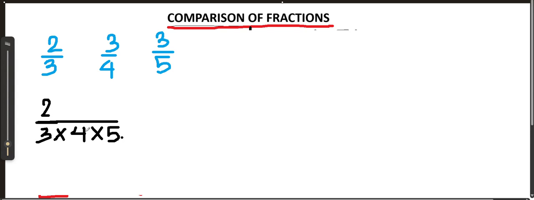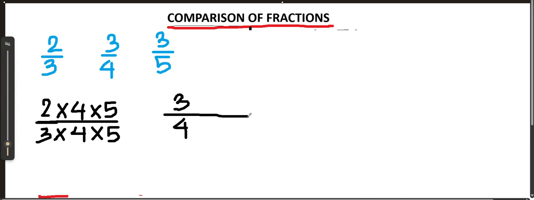I'm also going to multiply the numerator with a 4 and 5. By now, you have understood why we are multiplying the numerator and the denominator with the same numbers, just to keep the question unchanged.